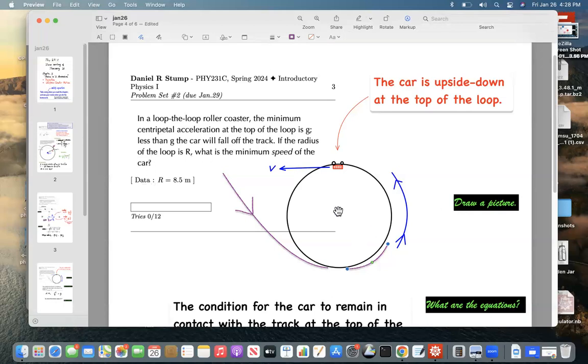When we drew the picture, we didn't draw a very good picture. When we draw the picture, we should show the radius.